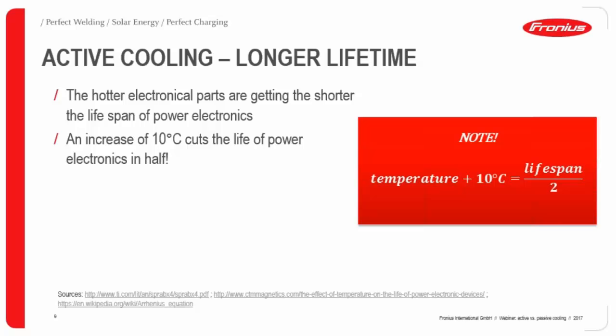The ambient temperature, like 45 degrees or even 50 degrees in the surrounding, cuts the lifetime then to a quarter or even more. Of course, this is not a linear effect, but it's more like exponential. But it also depends what exact temperature we are looking at.